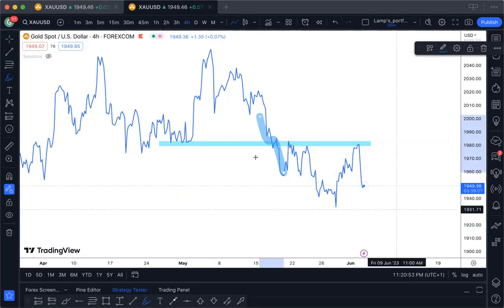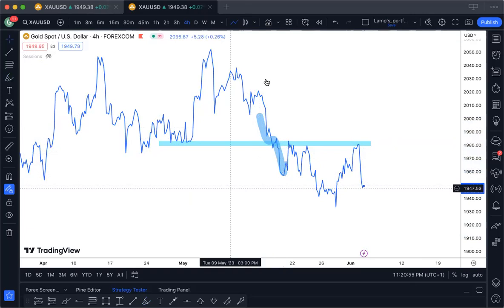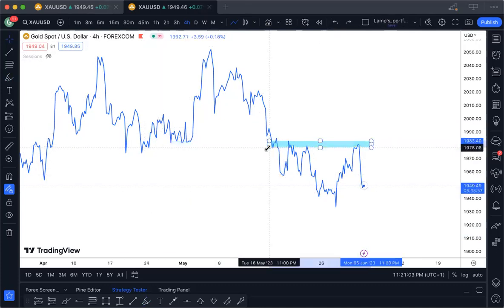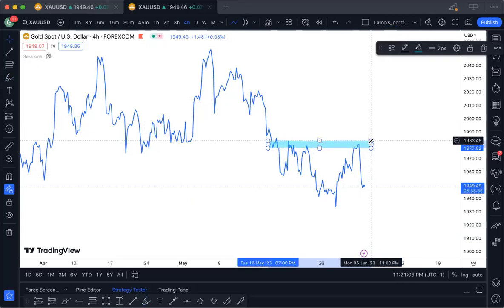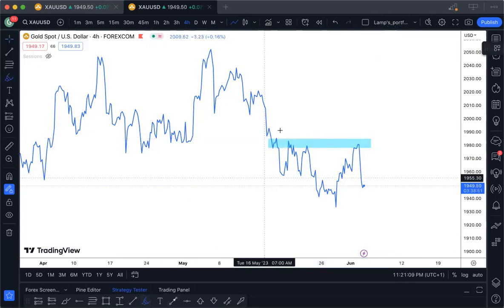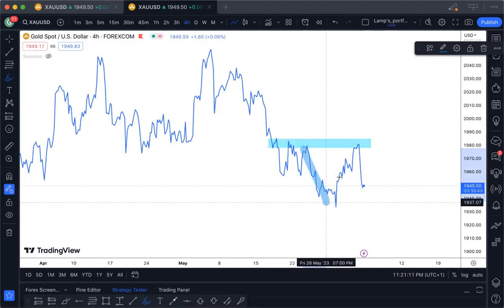So we mark this whole zone as what? As supply, where we know that the markets will drop, come and test, and continue dropping.